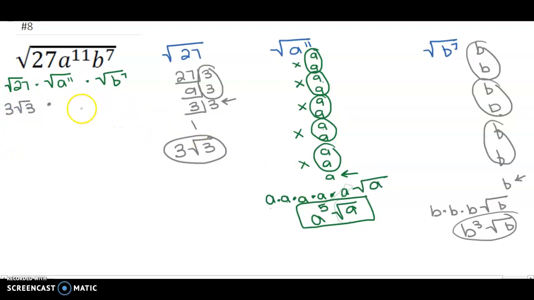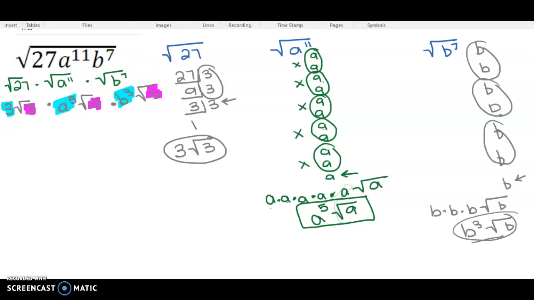My a to the 11th breaks down to a to the 5th square root of a, and my b to the 7th breaks down to b cubed square root of b. Okay, and I'm going to highlight everything that's not in the square root, and then with a different color, everything that is in the square root.